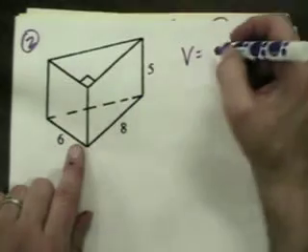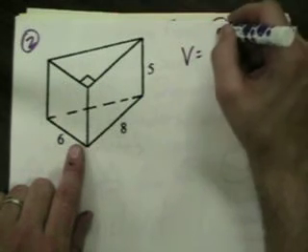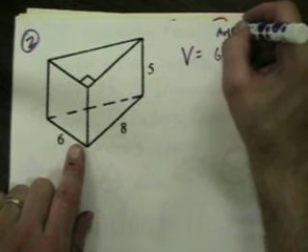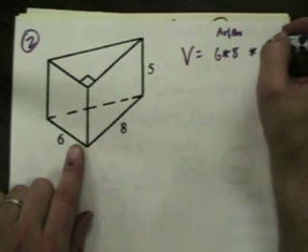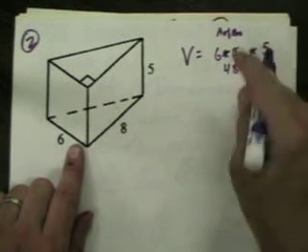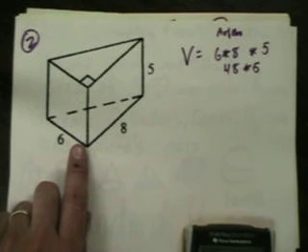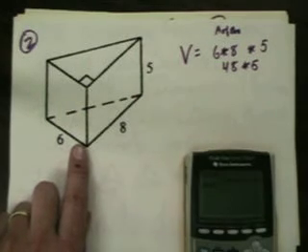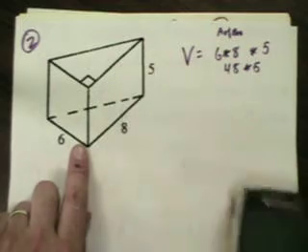It's going to be the area of the base, which is 6 times 8, then times the height, which is 5. 6 times 8 is 48. 48 times 5 is 240.